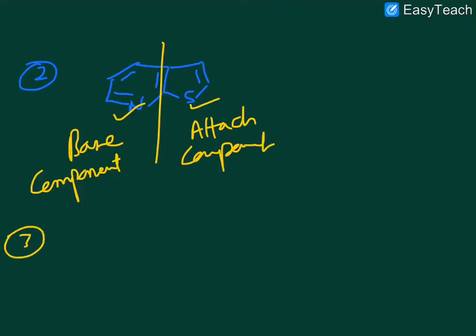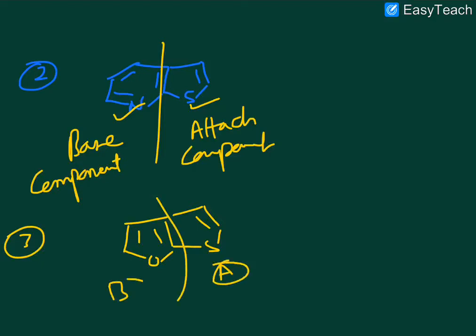Third example: if both are non-nitrogen-containing heterocyclic systems, then we use the priority table. What is the priority table? Oxygen gets more priority over sulfur. So oxygen is the base component and this is the attached component.